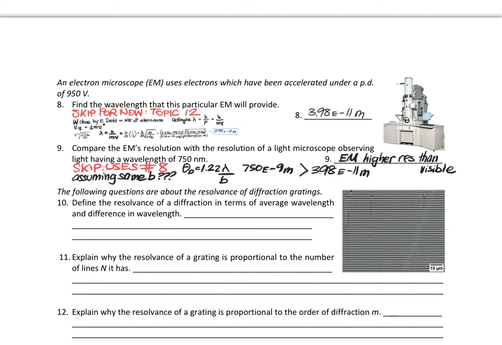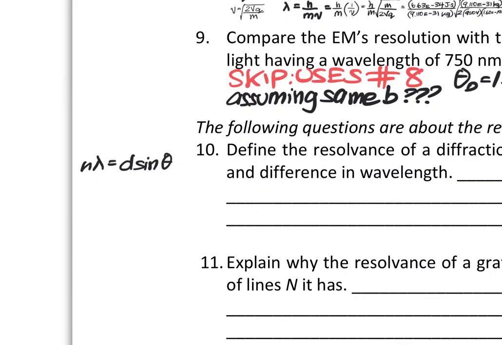We know that n lambda equals d sine theta, so that wavelength is related, I'm not saying directly proportional, to its angular position, where it can be found on the screen.